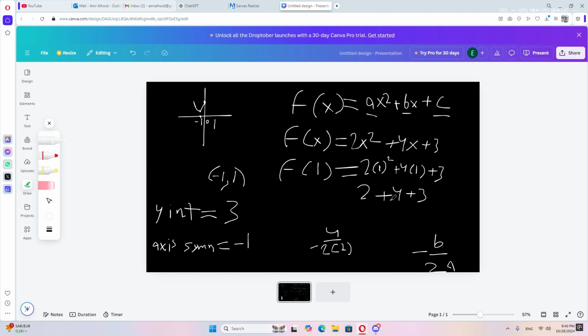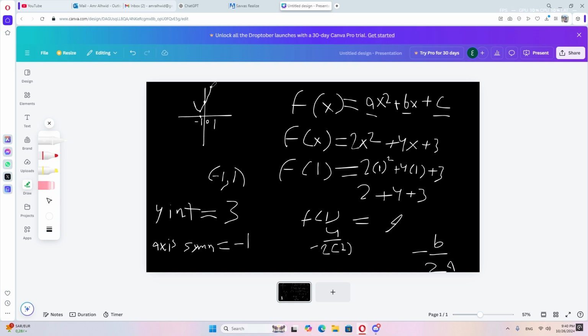So 2 plus 4 is 6, plus 3 is 9. So f of 1 is equal to 9. Okay, so when x is 1, the y is going to be 9.